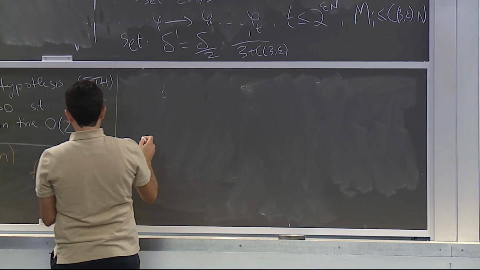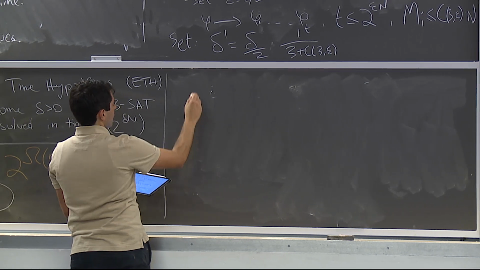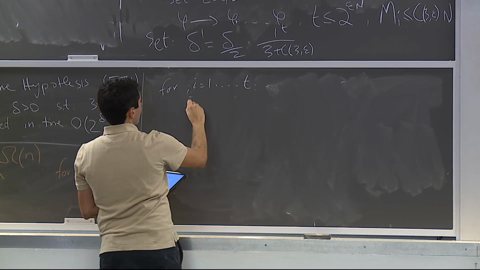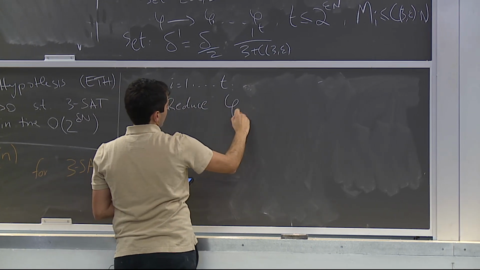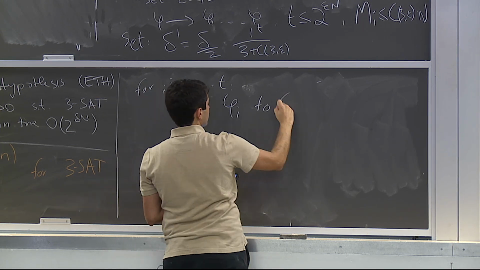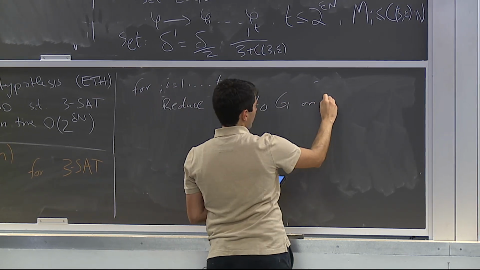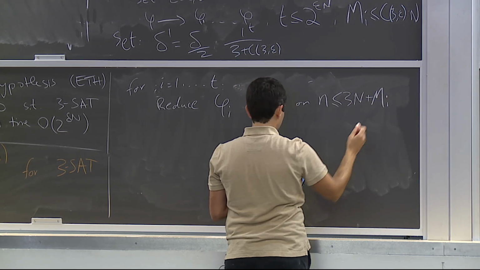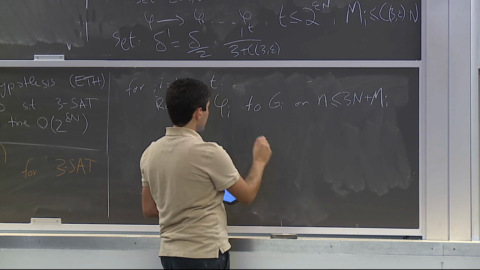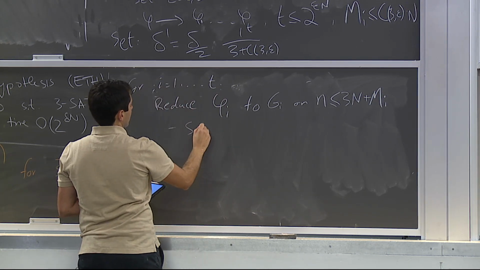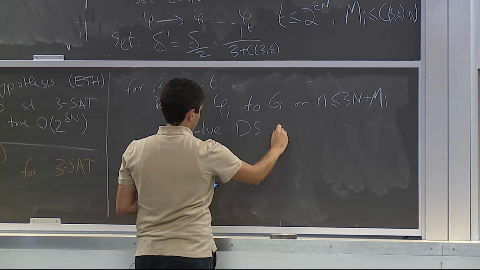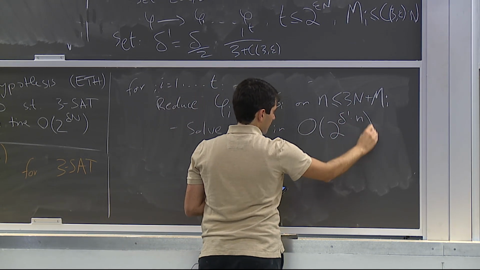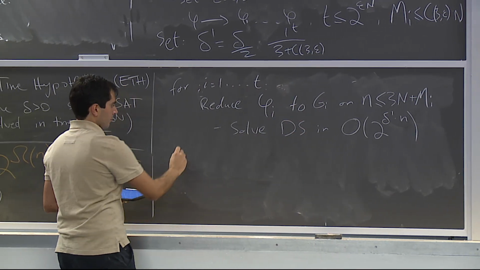Okay, so for each i, we reduce the formula to some graph where the number of vertices is 3 times n plus m_i, and we solve dominating set in this time. Then we just do the calculations.